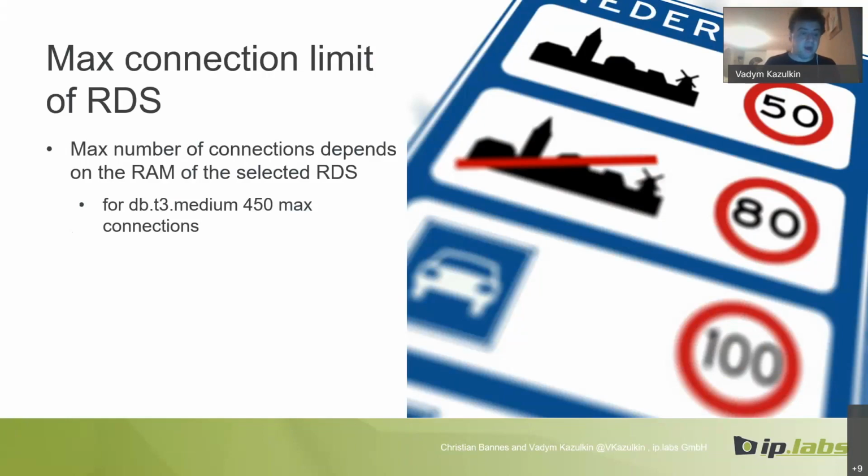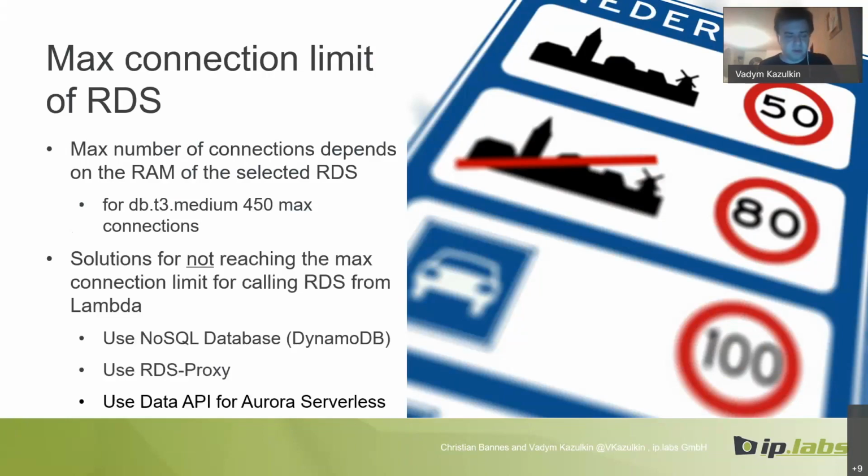So dealing with connection pooling is really challenging. Of course, there are solutions like thinking about using a NoSQL database like DynamoDB and so on, but probably you have reasons to stay within your relational database. And then you have two other options: RDS Proxy in the AWS world, and also the Data API for Aurora Serverless.